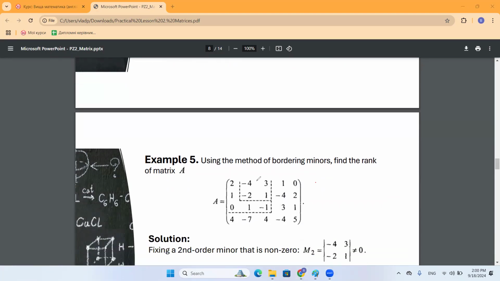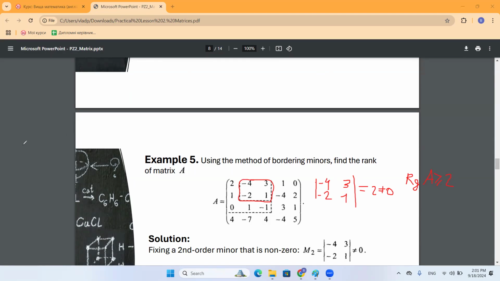So in this example, we see this minor, and we calculate it firstly, and it equals -4 plus 6, it equals 2, and it's not equal to 0. So then we conclude that the rank of matrix A is greater than or equal to 2.